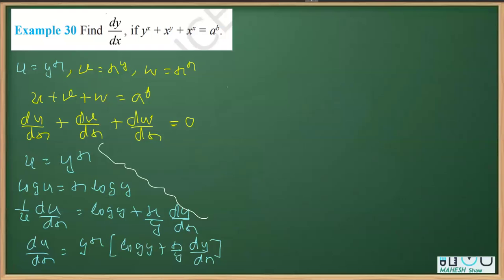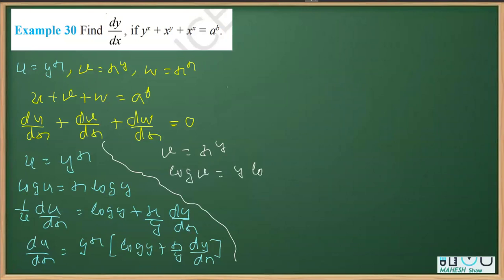Now, let's do the differentiation of the other, that is v. So we are given v is equal to x raised to the power y. In the same way, we'll be applying log on both sides. So log v is equal to y log x. Differentiating again with respect to x, we'll get 1 by v dv by dx.